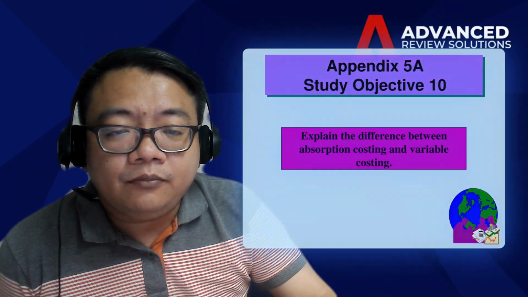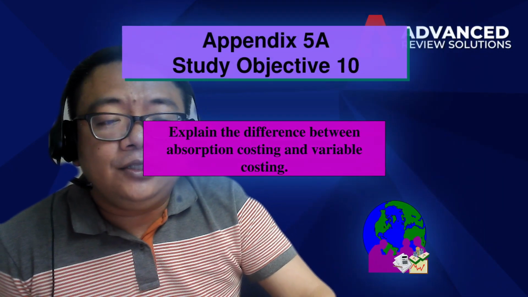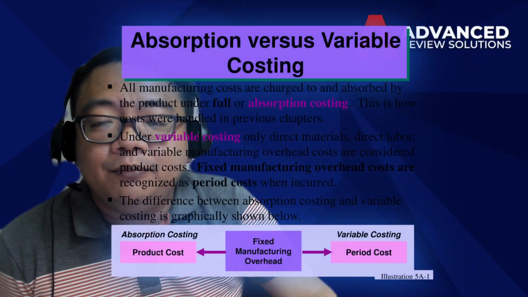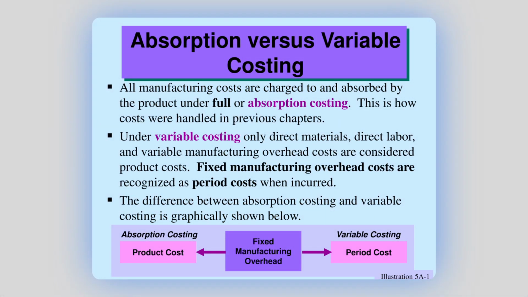Very important, class, in terms of absorption and variable costing, is that you have what you call the manufacturing cost. We go back to our definition. What is the meaning of manufacturing costs? Manufacturing costs are all your product costs, and your product cost is your inventoriable cost.